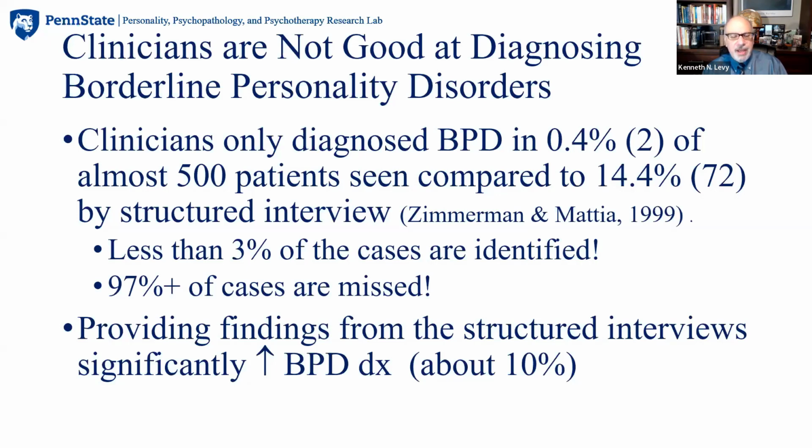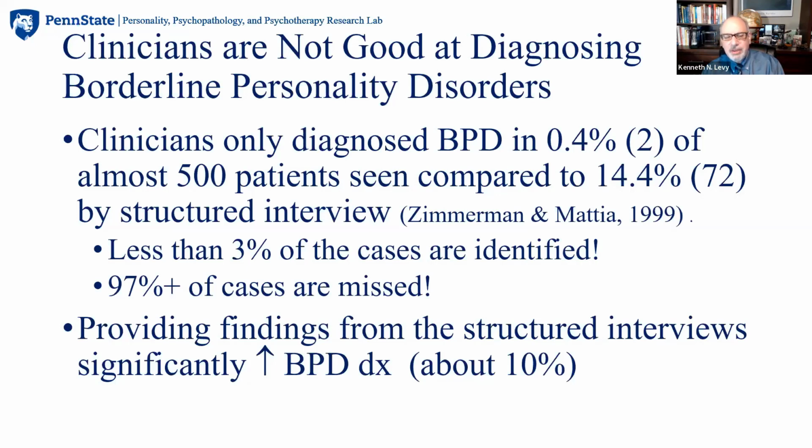And they found that out of the 500 patients, only 2, less than 0.5%, were given a diagnosis of BPD. At the same time that clinically these patients were being seen, Zimmerman had research assistants actually assess the patients using structured interviews. And through the structured interviews, they found that almost 15% of the patients actually had BPD.